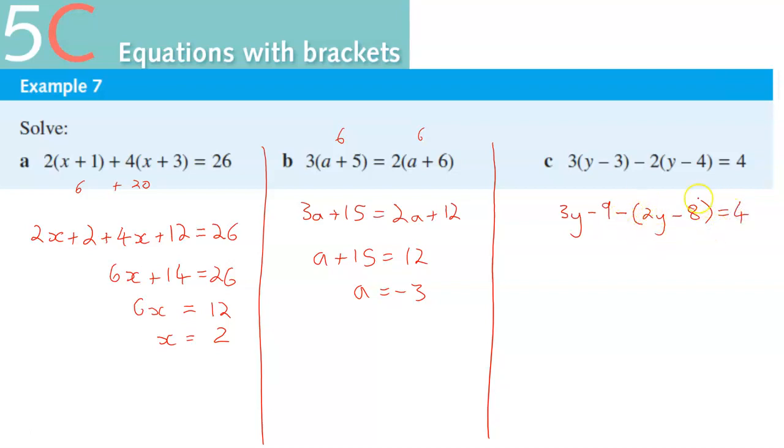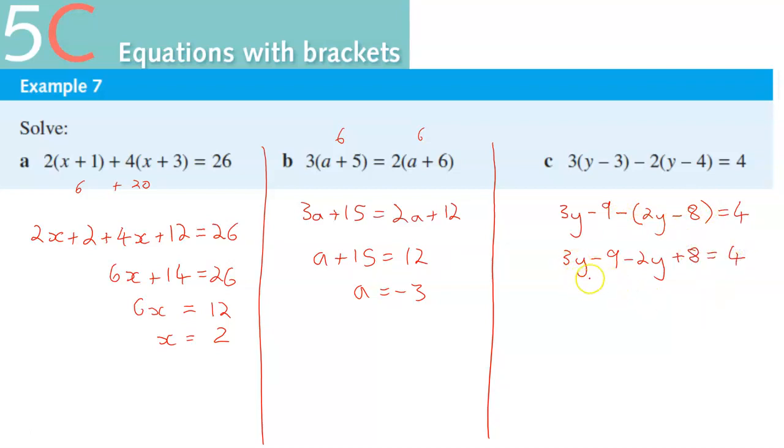Now I'm going to multiply this bracket by this negative on the outside. So the first part stays the same, minus positive 2y. Then I'm subtracting a negative 8, so that's plus 8.